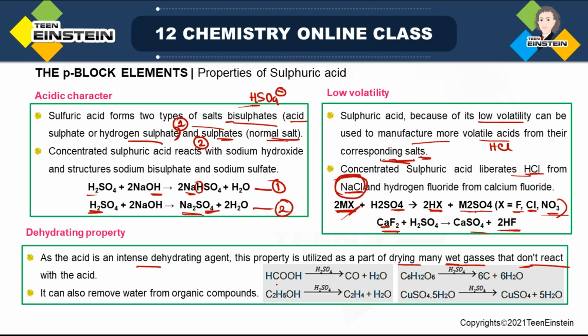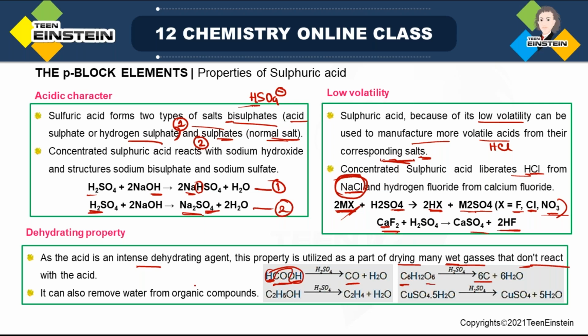Here we have some other examples. Formic acid in the presence of H2SO4, if a water molecule is removed, that means H2O is removed, you will be left with CO. Then glucose in the presence of H2SO4 is completely charred, it is converted to carbon. So carbon is completely left, 6C, and 6 water molecules.